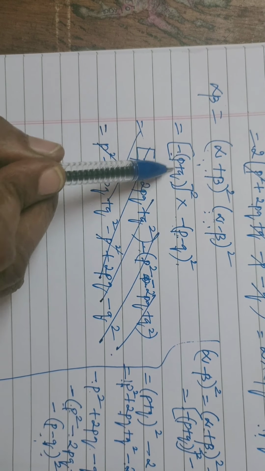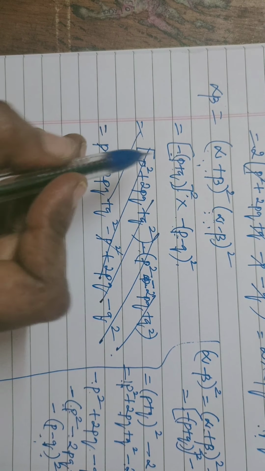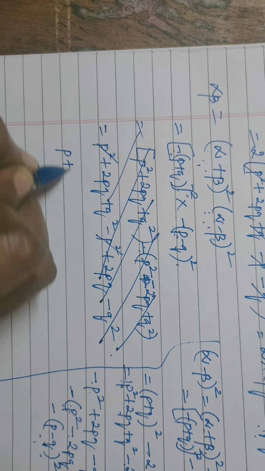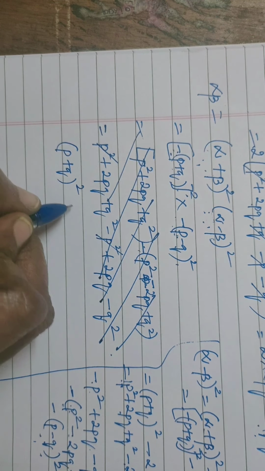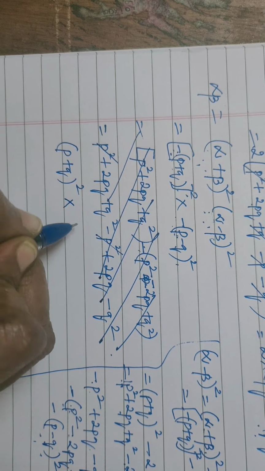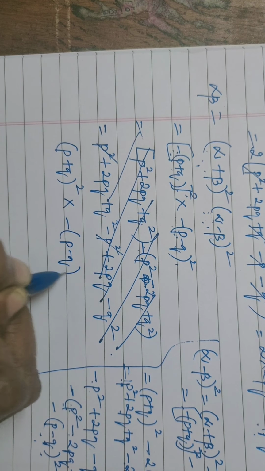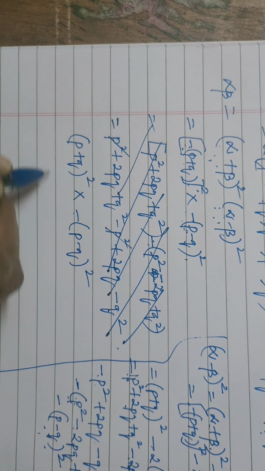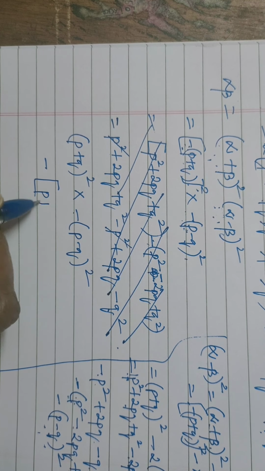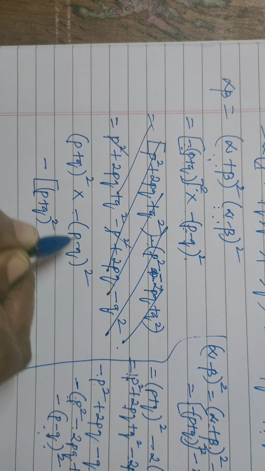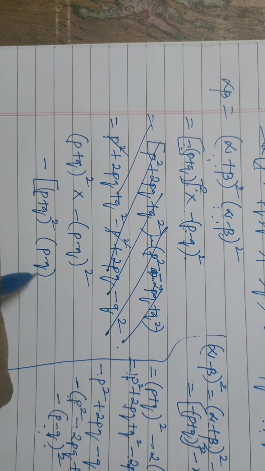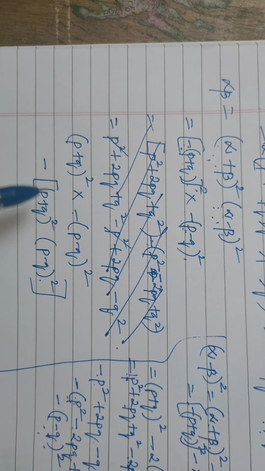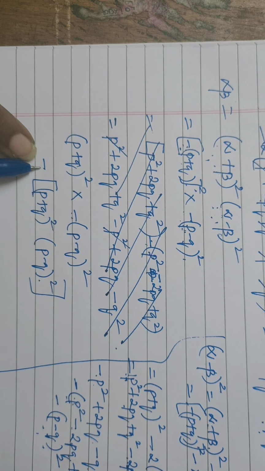So as we get minus p plus q the whole square, minus minus become plus. So p plus q the square, this is in multiplication form, and minus p minus q the whole square. We can take a minus outside, and we can put it commonly like this, p plus q the square and p minus q the square. See, only this minus I have taken out, and the rest all remains the same.